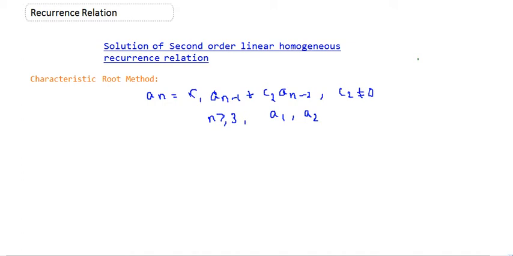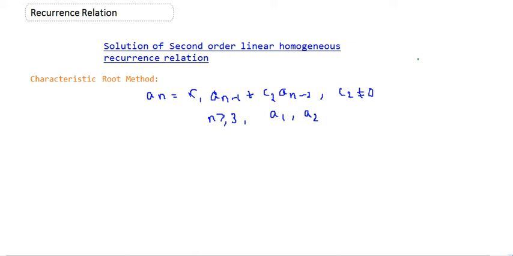If a1 and a2 are given, they are the initial values of the sequence, or the initial values of the recurrence relation.